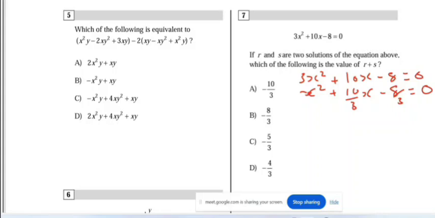So the next thing you do is remember the general expression for sum and product of roots.